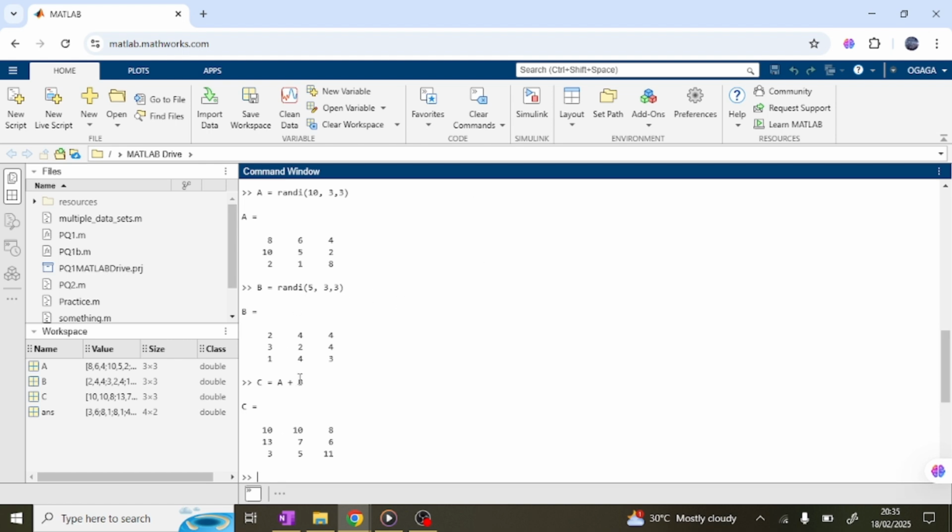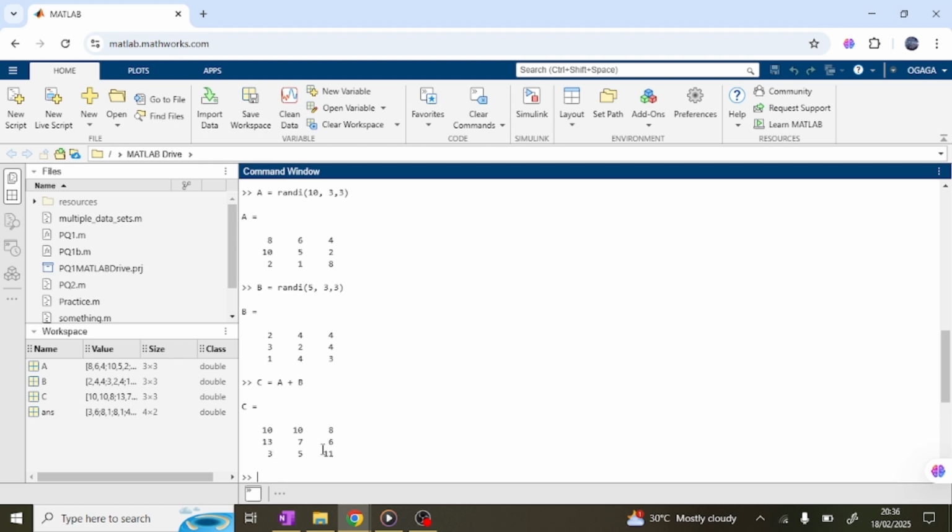Matrix C gives us, you can see, column 1 row 1 of A plus column 1 row 1 of B gives us exactly 10, and same goes here. Same goes here, 4 plus 4 gives us 8. So perfect. And if we try subtraction, it will also work.